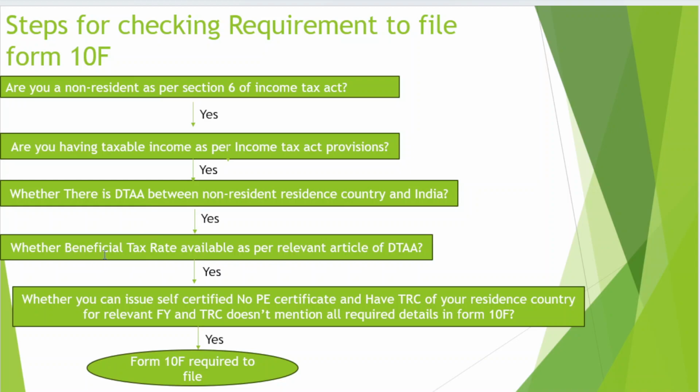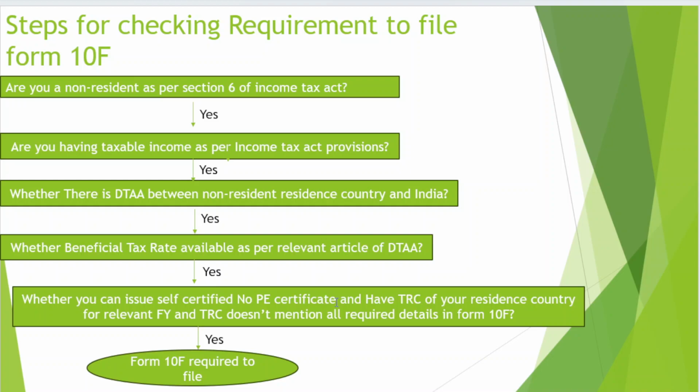So in that case, a beneficial tax rate of 10% is available as per the relevant article of the DTAA. The article is Article 12. If the beneficial tax rate is available, then we check whether we can issue a self-certified no PE certificate, which means that the non-resident should not have any branch or any physical place of presence in India.